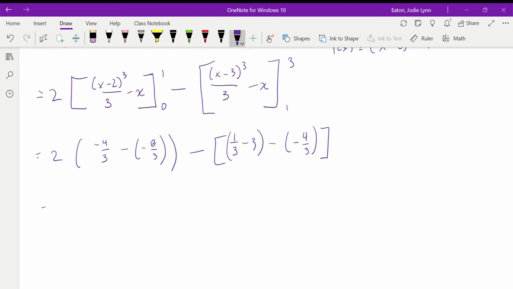So this is equal to 2 times 4 thirds minus just a negative 4 thirds, and this gives us 8 minus 12, so this is 12 thirds, which equals 4.